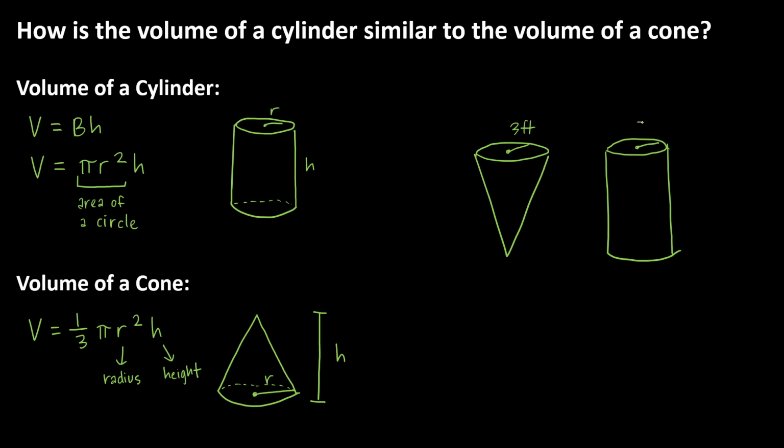And let's call the height of both figures 10 feet. What's really cool is it will take 3 cones worth of volume to fill up this exact same cylinder with the same dimensions. The volume of a cone is 1/3 the volume of the cylinder.